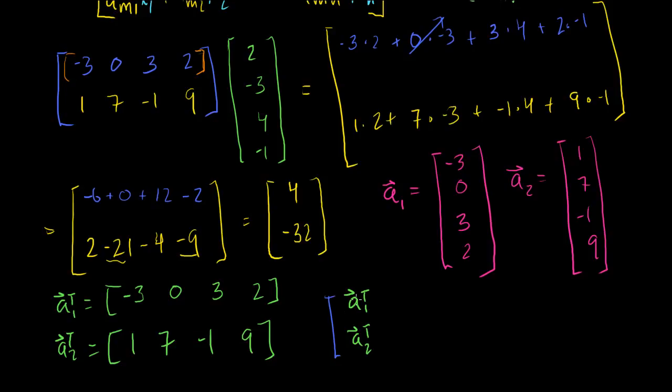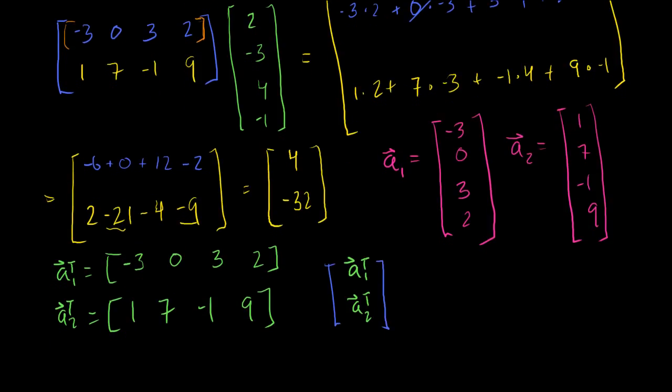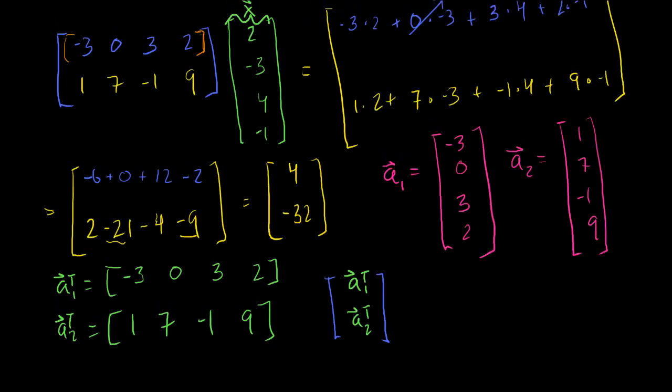This matrix can be rewritten exactly like this, because this is the first row, this is the second row, times the vector, and let me just call this vector x. We can now rewrite the definition.